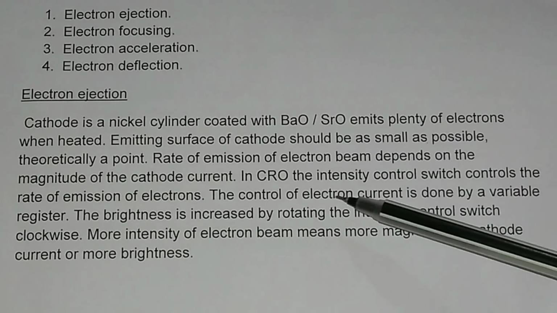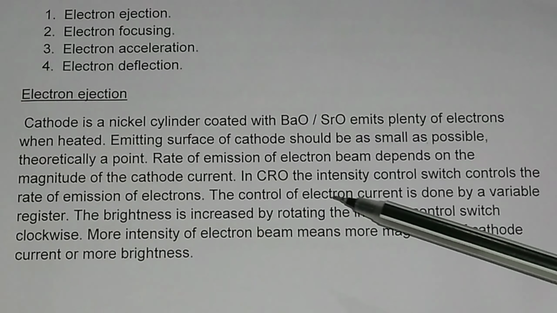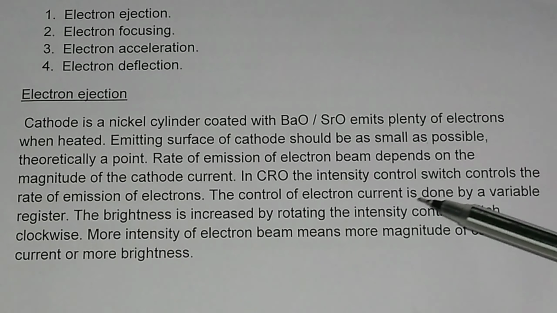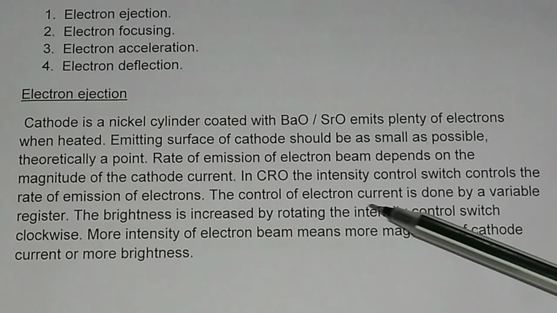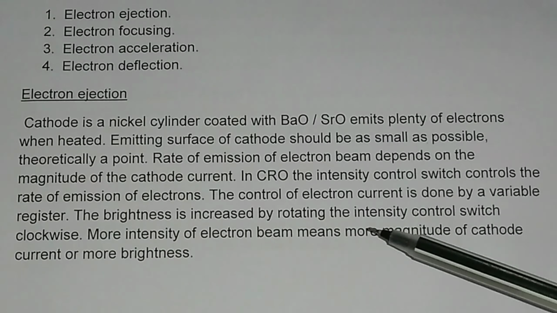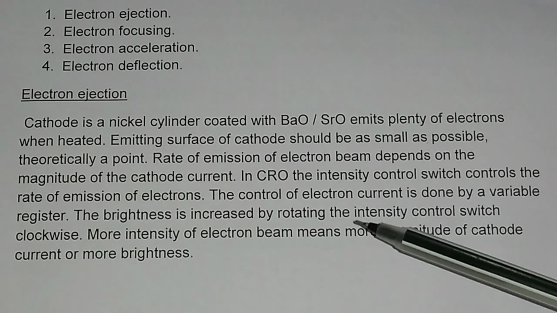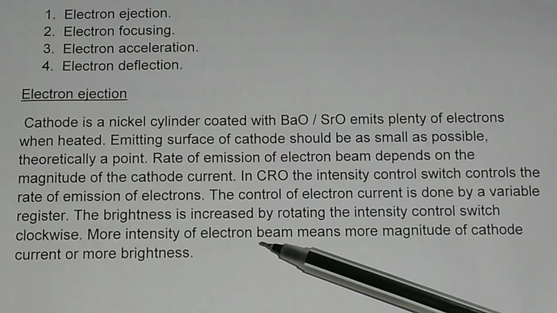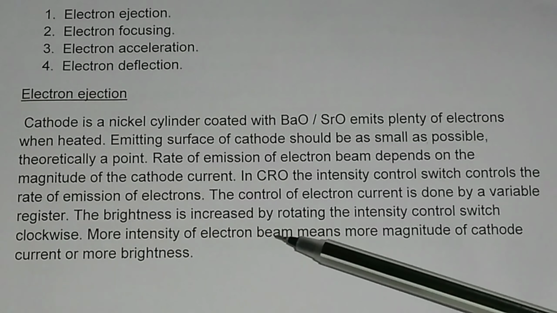The control of electron current is done by a variable resistor connected to the circuit, which controls the flow of electrons, and the brightness is increased by rotating the intensity control switch clockwise. I will show you how you can increase the intensity or brightness. More intensity of the electron beam means more magnitude of cathode current, or more brightness.